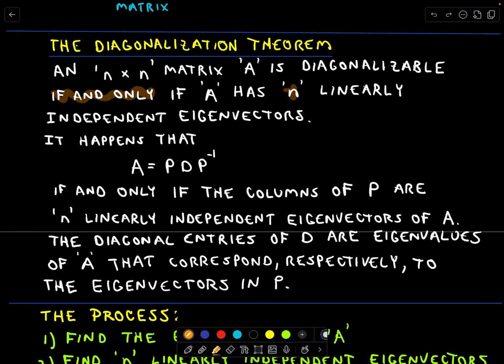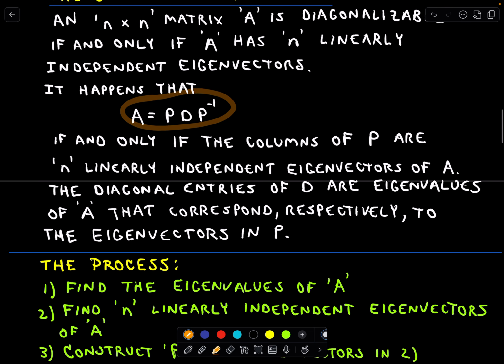So we can write A in this form if and only if the columns of P are n linearly independent eigenvectors of A. And it says the diagonal entries of D are eigenvalues of A that correspond respectively to eigenvectors in P. So this is already kind of telling us how we go about setting things up.